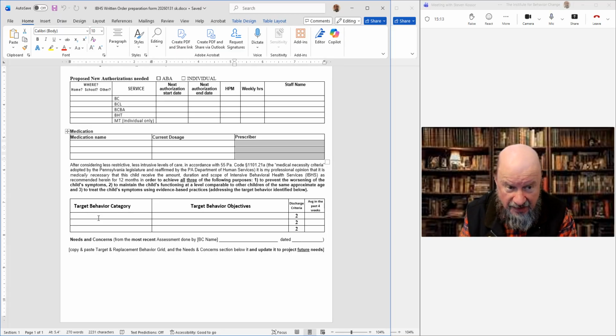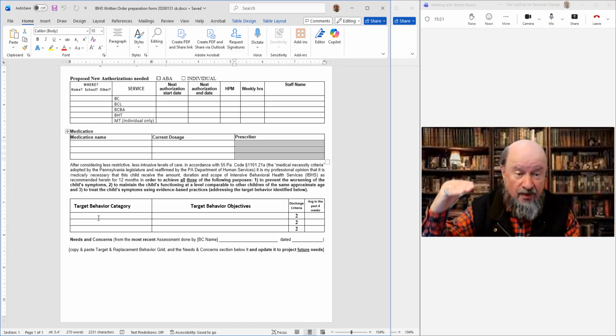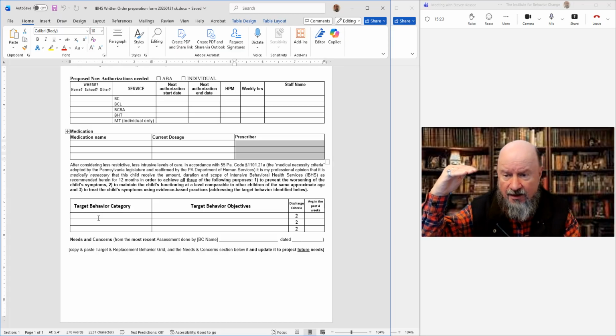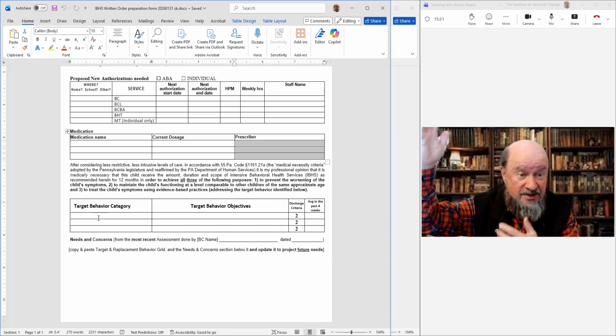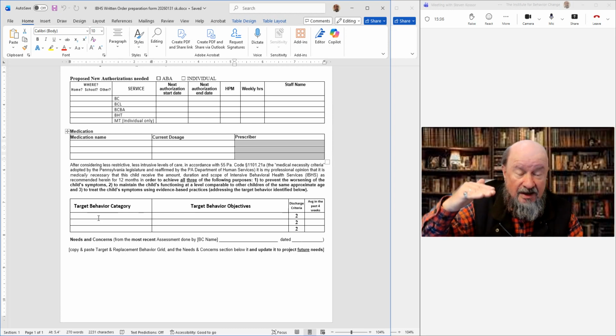If they can't be maintained safely for any reason, they are no longer eligible for IBHS and need to be referred to a higher level of care, perhaps family-based services, which is the last step before institutional placement or residential placement or some other out-of-home placement.